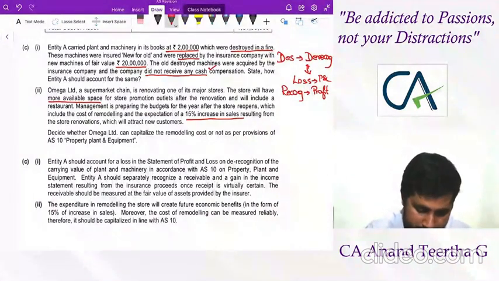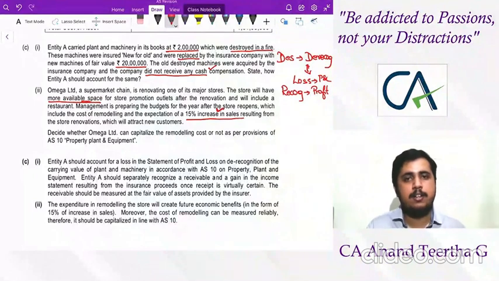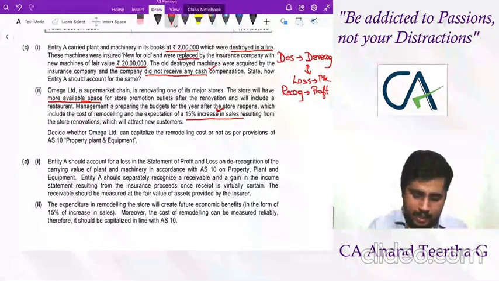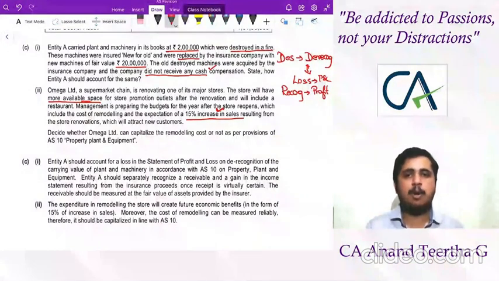Now, here it gives us more available space and it increases sales by 15%. Which means because of this remodeling, it is probable that sales will increase by 15%, a future economic benefit. The cost is obviously reliably measured, not specifically given in the question, but it is reliably measured, which means you can capitalize the remodeling cost.